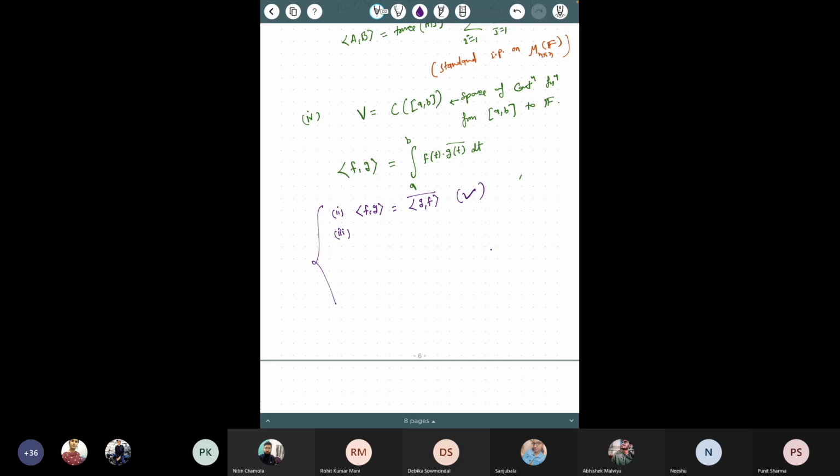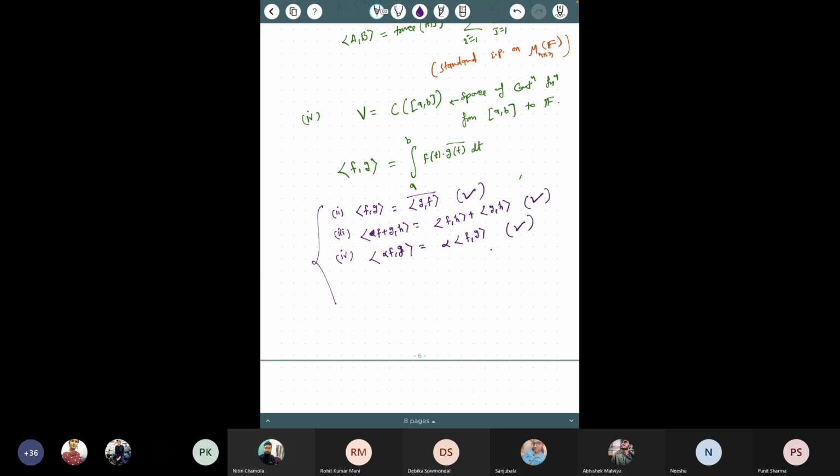Similarly, the third property, the inner product of alpha f plus g with h, is also straightforward to check using the properties of the integral. The fourth property is also easy to check, again using the properties of an integral. So these three properties are fine.